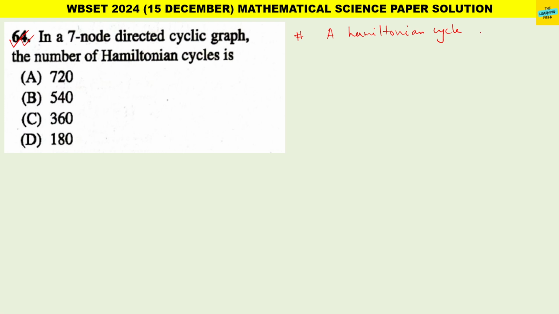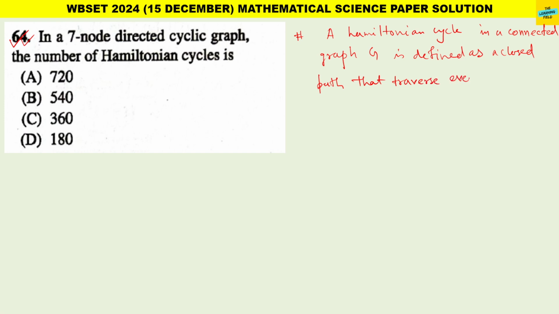In a connected graph, suppose G is defined, a Hamiltonian cycle is a closed path that travels every vertex of G exactly once, except the starting vertex.